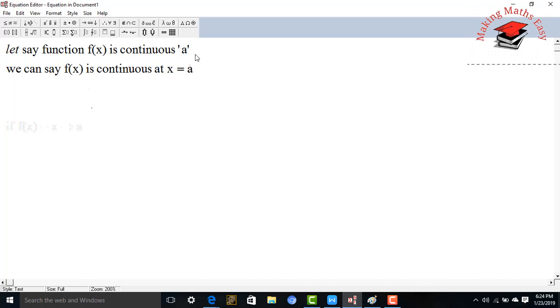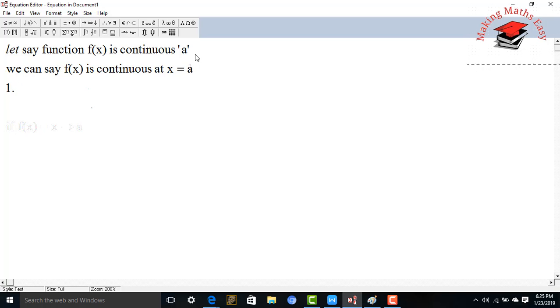So let's come to some properties of continuity. First property: a function f is continuous at x equal to a if and only if f of a exists such that the limit of x tends to a of f of x is equal to f of a.